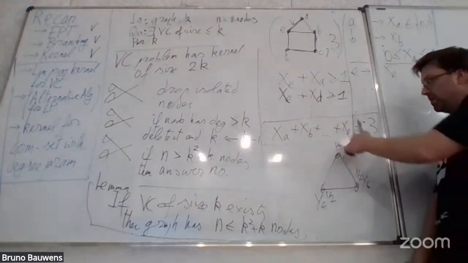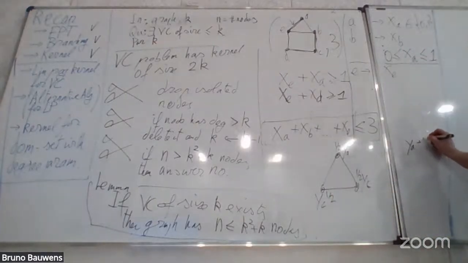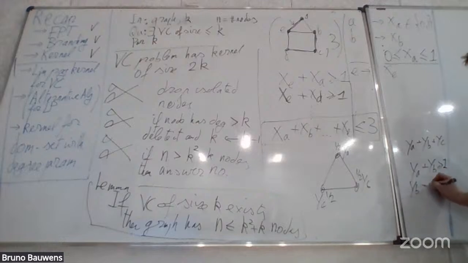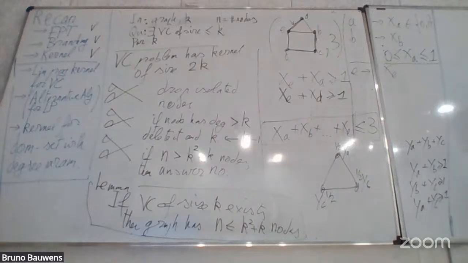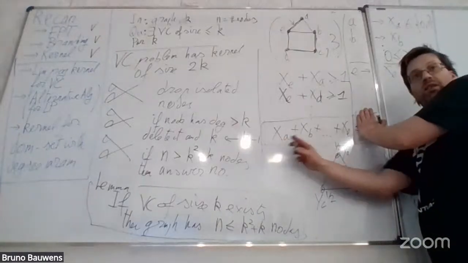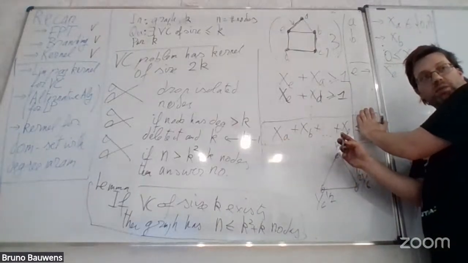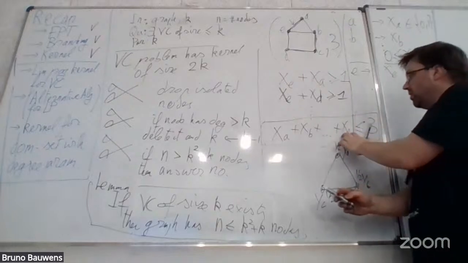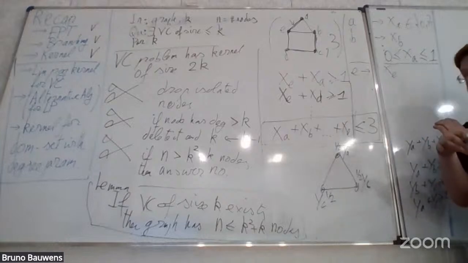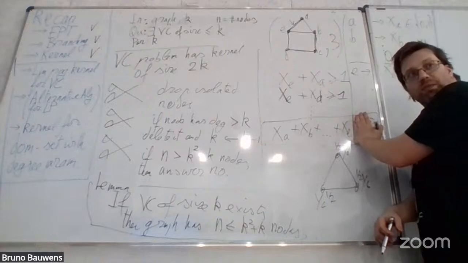We want the minimal sum ya plus yb plus yc, such that ya plus yb is at least 1, yb plus yc at least 1, and ya plus yc at least 1. So this is just an example. When we ask linear programming for a fractional solution, we get a value that should be lower than the size of the integer solution, because we ask for the minimal value.